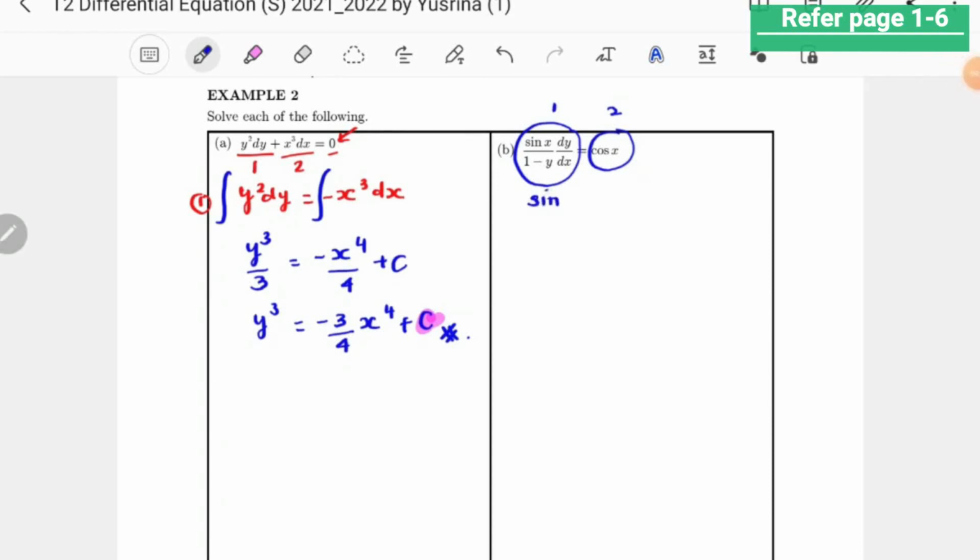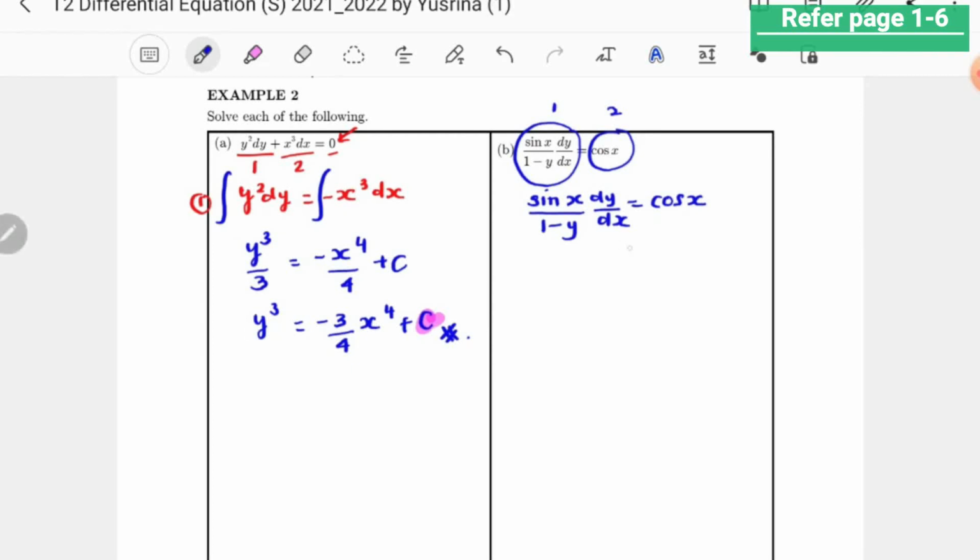Separate the variable: sin x dy/dx over 1 minus y equals cos x. Then separate x by the side of dx and y by the side of dy.